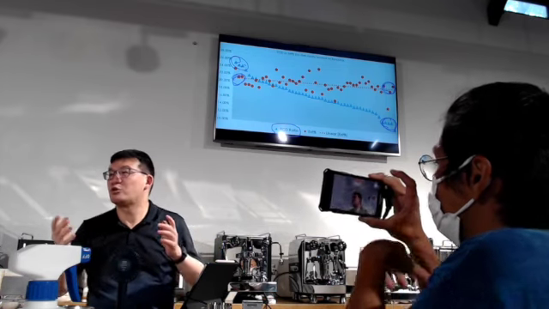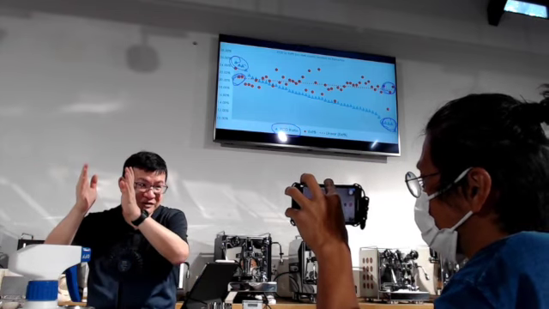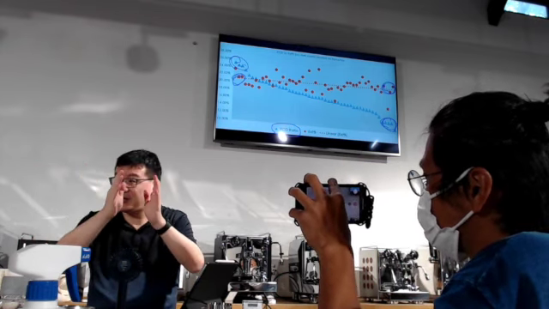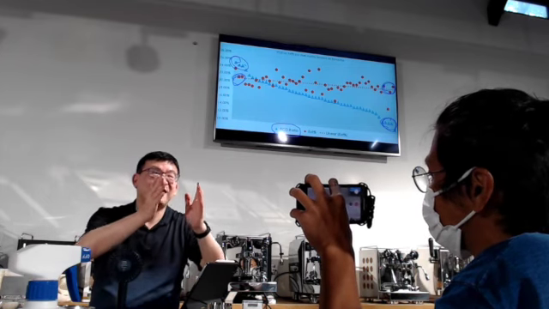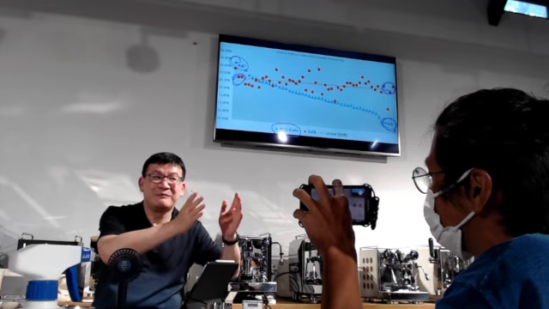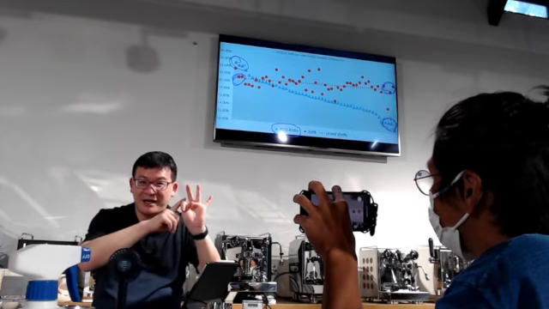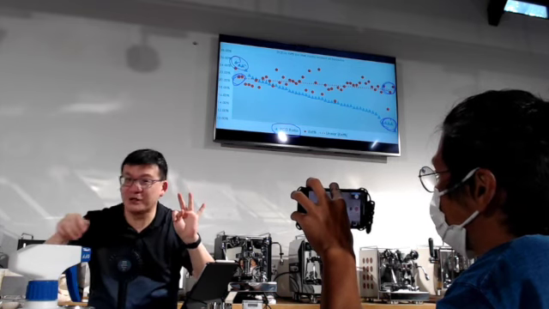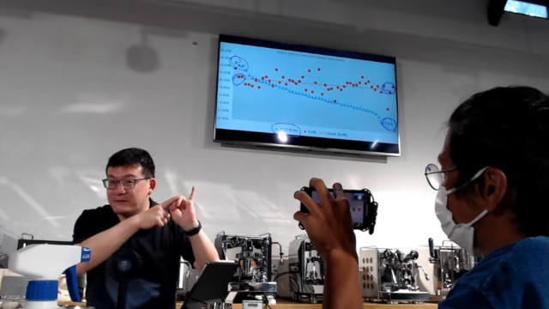Think about your score sheets. Flavor, aftertaste, then acidity, body, sweetness, balance. For the brewer's cup, sweetness times 2, acidity times 2, body times 2.